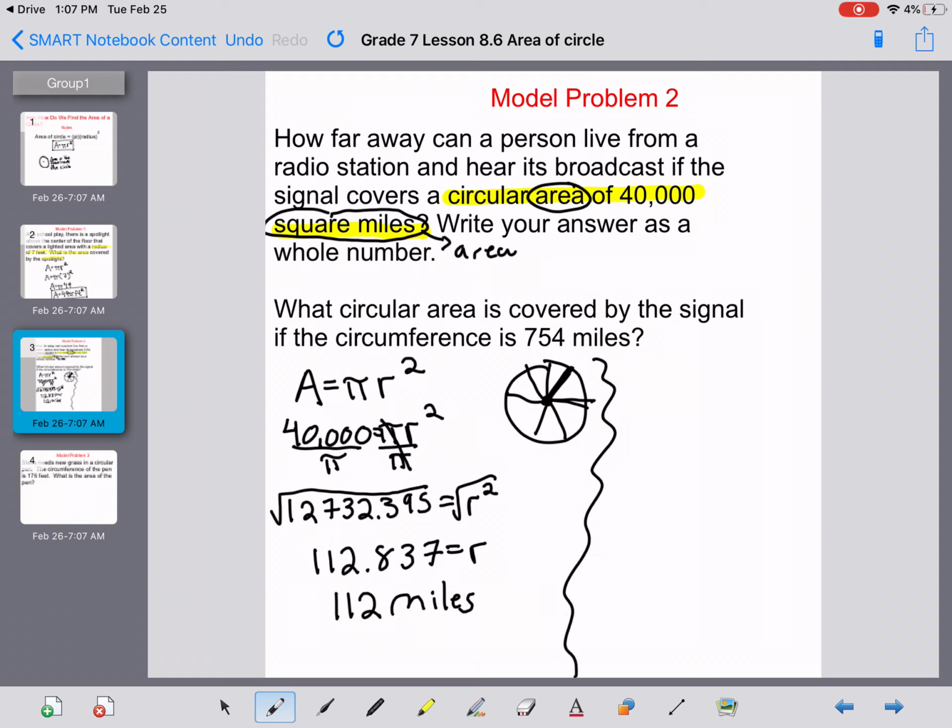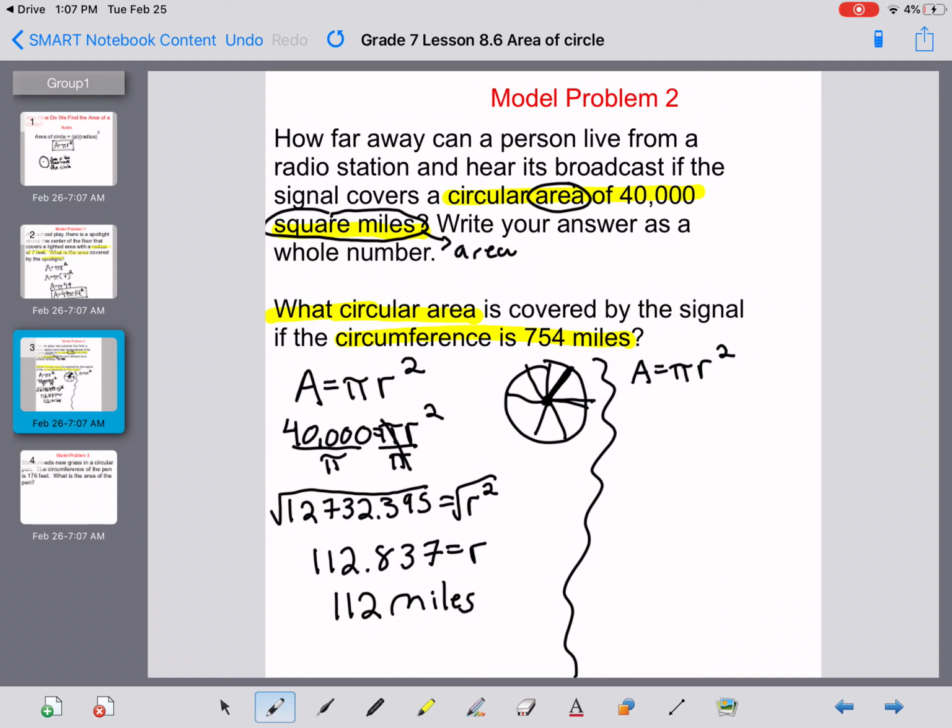Now the second part. What circular area is covered by the signal if the circumference is 754 miles? So it's a separate problem. It says what circular area and the circumference is 754. I know I'm looking for the area. So my area formula is pi r squared.